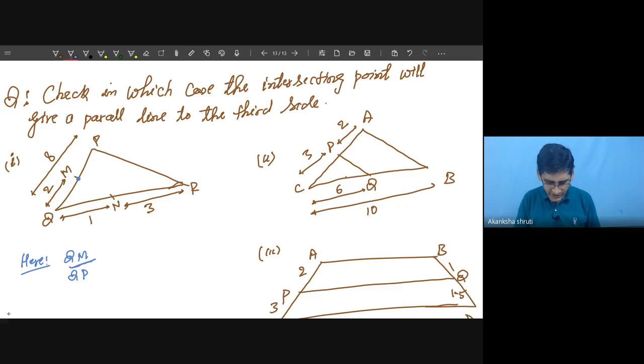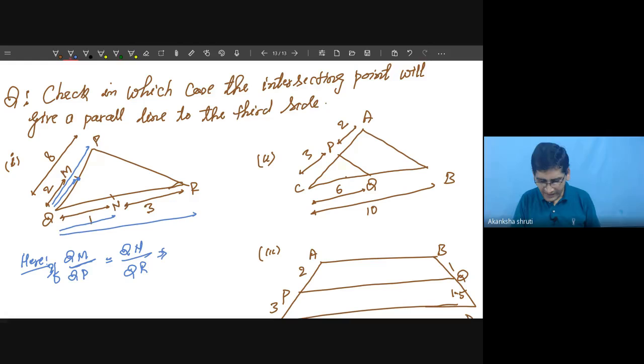So if we are choosing QM by QP, starting from Q going to M, then starting from Q going to P. On the other side we shall take QN then QR. So if QN by QR is equal, then MN will be parallel to PR. This is the condition.